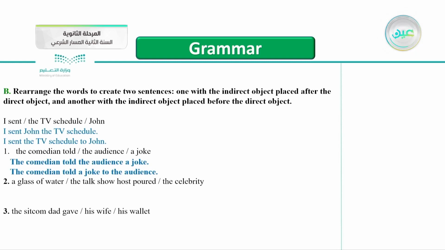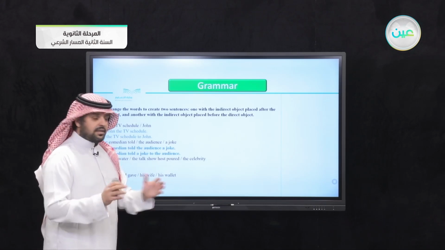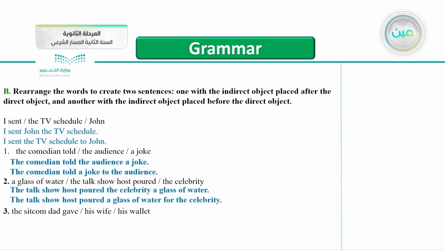A glass of water, the talk show host poured the celebrity. So now you got the hang of it. Can you continue? Yes, that's correct. The talk show host poured the celebrity a glass of water. The talk show host poured a glass of water for the celebrity as a gesture, as a help to him.